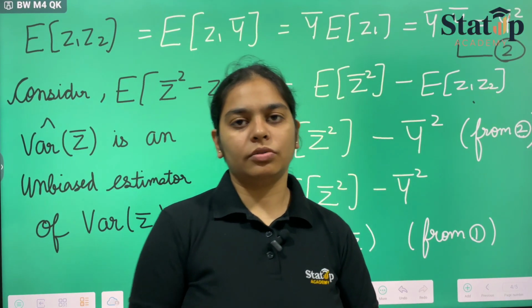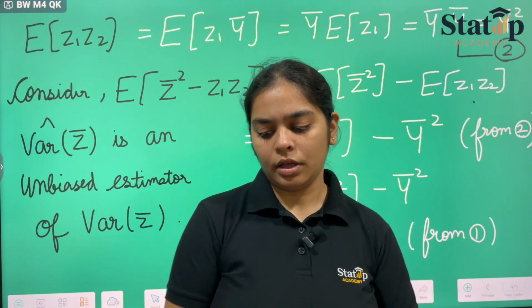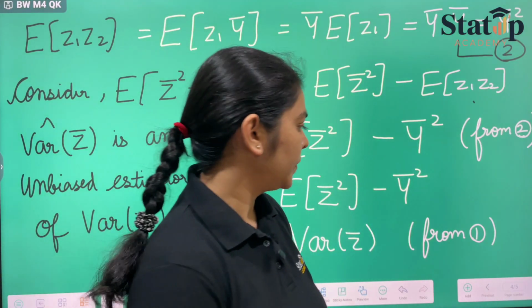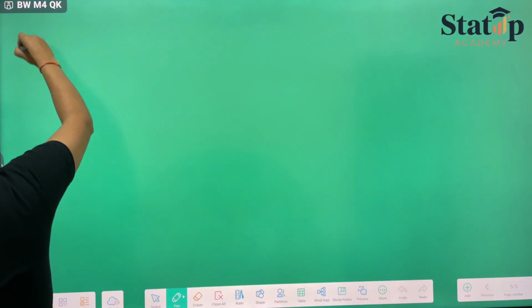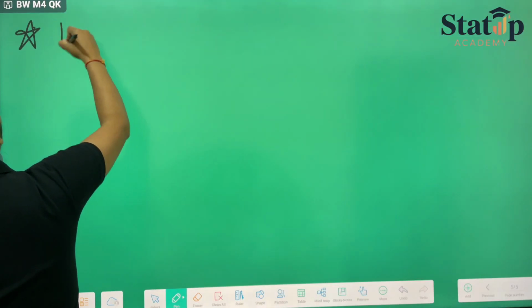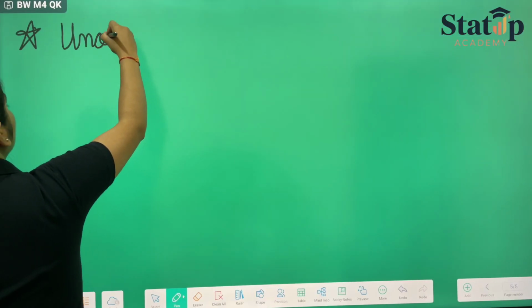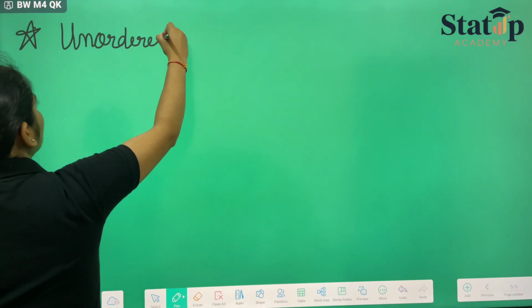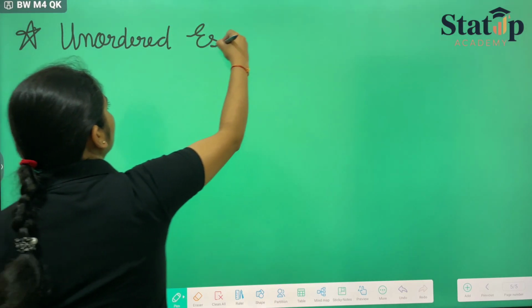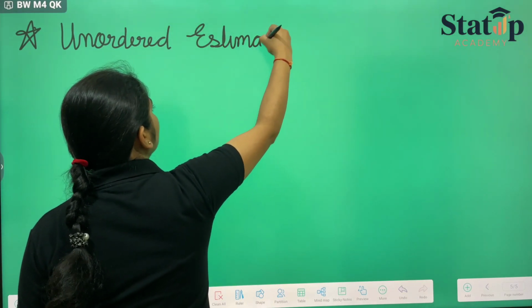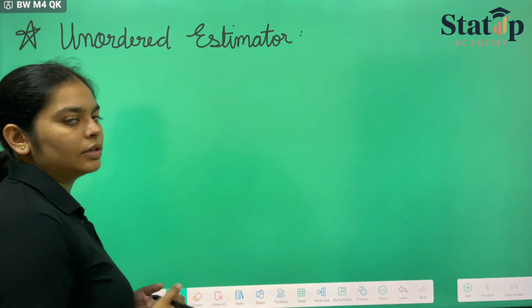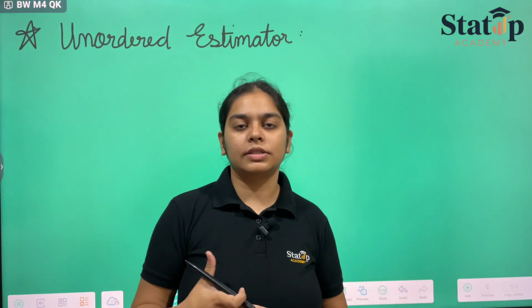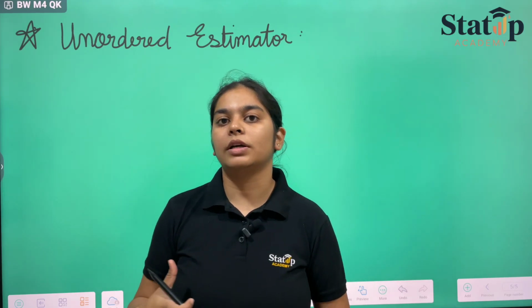Now moving forward to the topic of unordered estimators. So what were ordered estimators and what are unordered estimators? When we take into consideration drawing the samples one by one, we take the order into consideration.